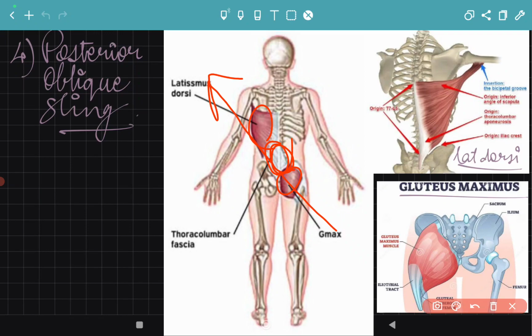And as we can appreciate, thoracolumbar aponeurosis forms the attachment for latissimus dorsi. So it blends with this thoracolumbar aponeurosis. And here is the TLF, thoracolumbar fascia, and this side we have our gluteus maximus attached to ilium as well as the gluteal tuberosity. So that was about the posterior oblique sling.